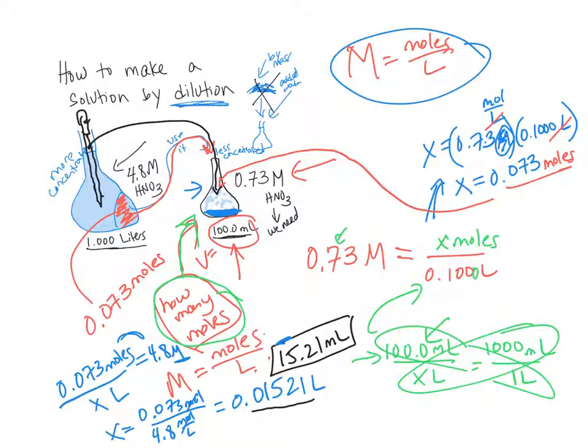We're going to add water to fill up the rest, and that will dilute it to this concentration. And then we will have 100 milliliters of this concentration. So that is how you create a solution when you have something that is more concentrated and you want to use that to create a lesser amount of something that is less concentrated. The end.